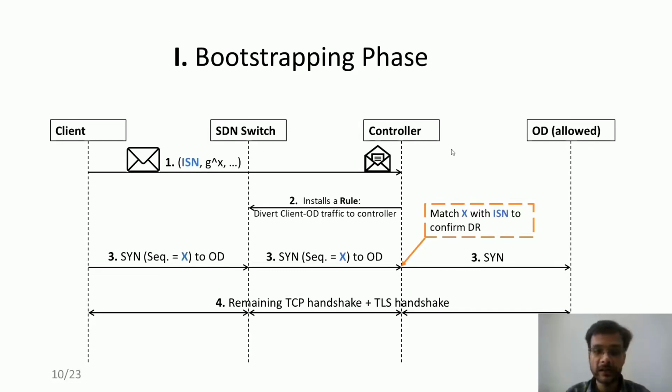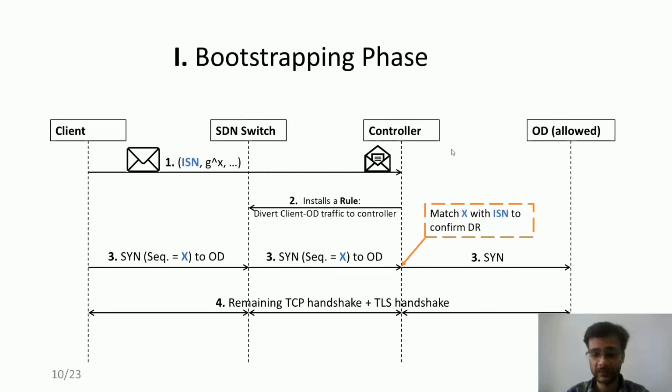This packet would encounter the SDN switch, and by virtue of the rule installed in this switch, this packet will be redirected to the controller. The controller will match this initial sequence number with the one it originally received in the email, and this will confirm to the controller that it is a legitimate decoy routing client. After that, it will let the SYN packet go as is to the OD, and following that, the client performs the remaining TCP handshake and the TLS handshake. With this, the bootstrapping phase of SiegeBreaker completes.